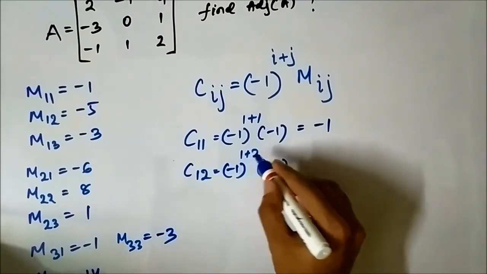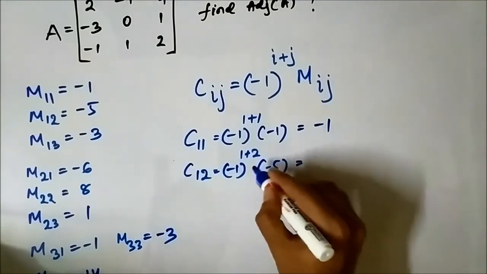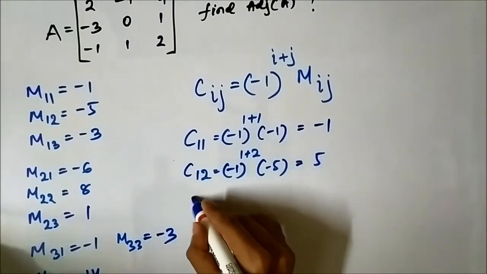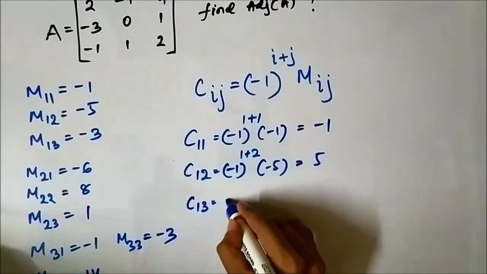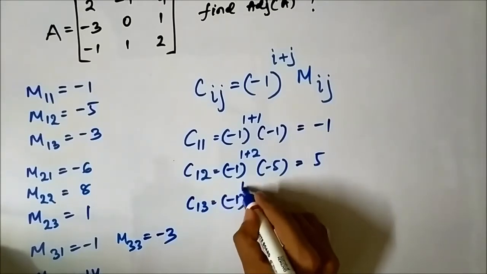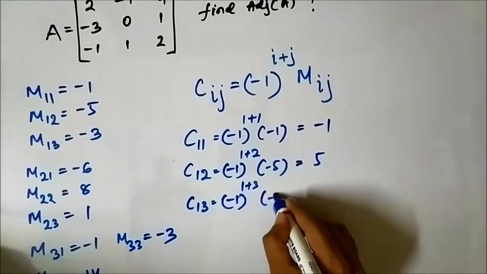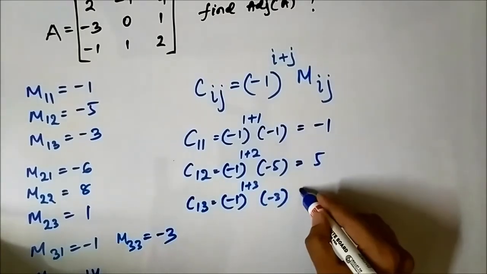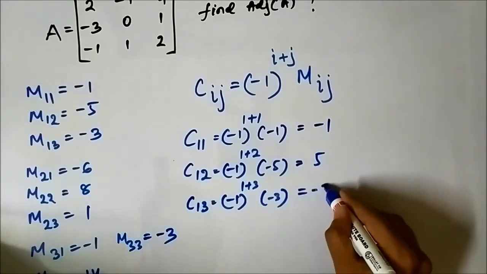Minus 1 to the power odd is minus 1, so it becomes 5. Similarly, C13 is equal to minus 1 to the power 1 plus 3 into minus 3, so it is minus 3.